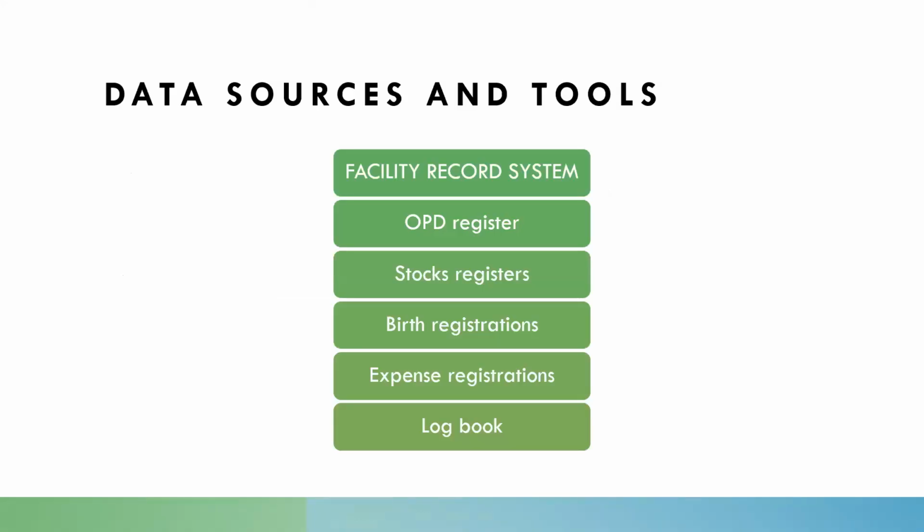The data source tools being used currently for the HMIS system, particularly in Pakistan, are the facility record systems, the OPD registers that maintain most of the information of the patients regarding the demographic characteristics, the disease, the treatments, and the main information. The stock registers, the birth registration systems, the expense registrations, and the logbooks.